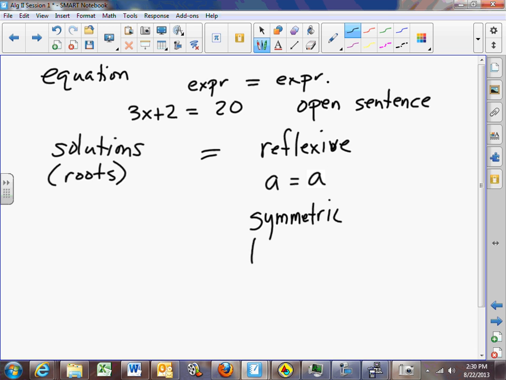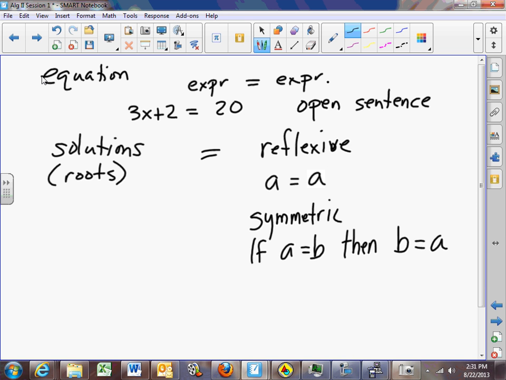It says if you have A and you know it's equal to B, then it's also perfectly acceptable to say that B has to be equal to A. This looks a little like the commutative property, but it isn't, because now A and B are moving around an equal sign rather than a plus sign or a multiplication sign. So if A is equal to B, then B is equal to A is the symmetric property of equality.